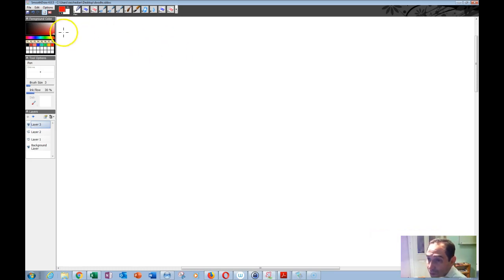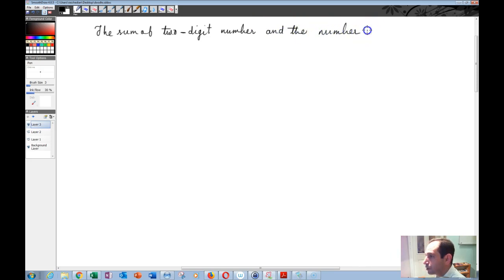It's a little bit complicated, related to numbers and such, but the sum of a two-digit number and the number obtained by reversing the digits of the digits is 66.